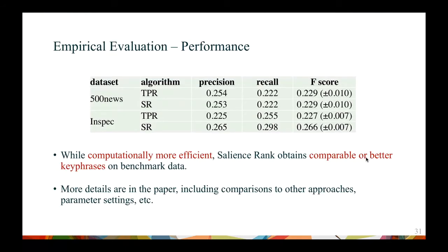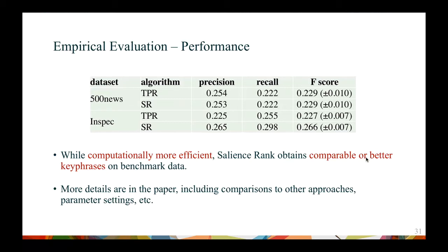Okay, let me give you some idea about the performance of this method. The 500 news and the InSpec are two widely used keyphrase extraction benchmark datasets. The 500 news are news articles, and the keyphrases are provided by Turkers on Mechanical Turk.